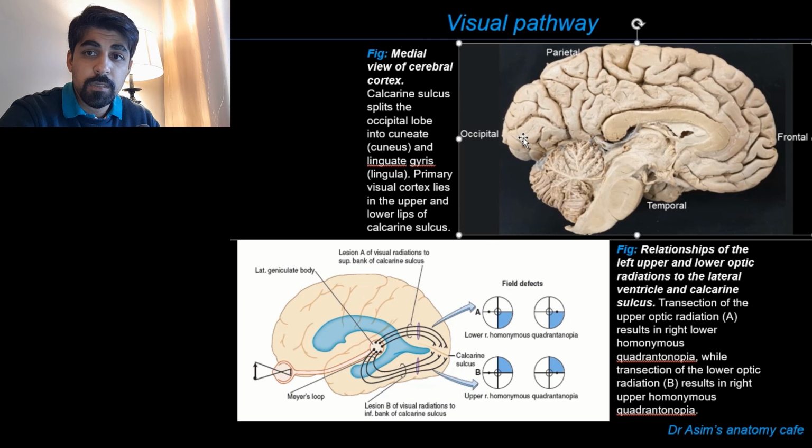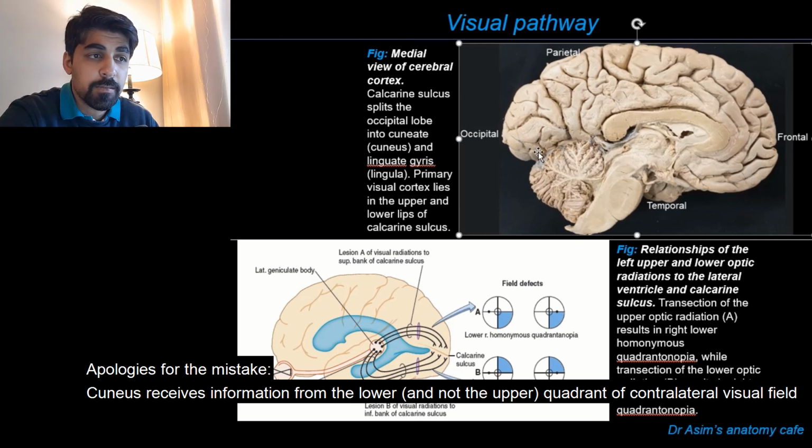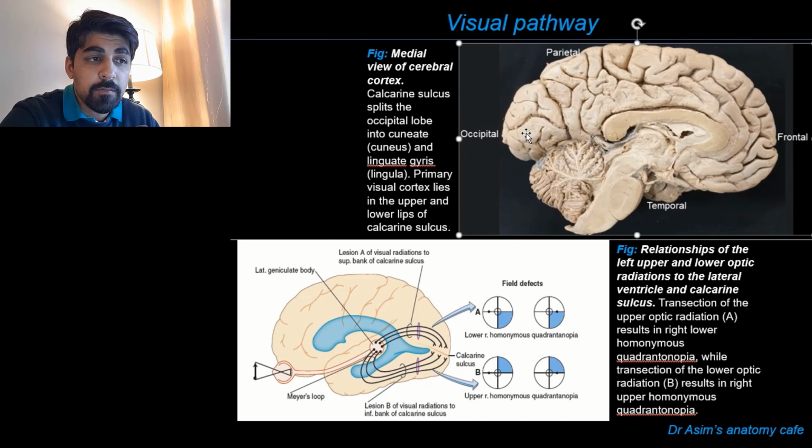But the flipping of the visual field is in a vertical axis as well. So the cuneus on the left side is not just receiving visual information from the right visual field, but it is actually receiving visual information from the upper quadrant of the right visual field. Similarly, if we take the example of the lingula on the left side over here, the visual information is going to be projected from the right visual field.